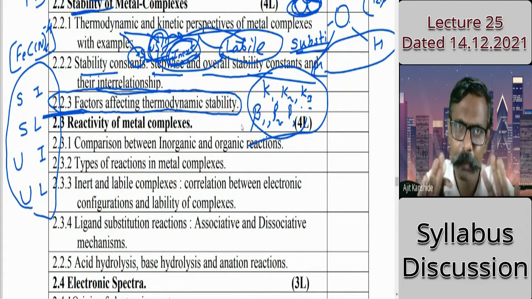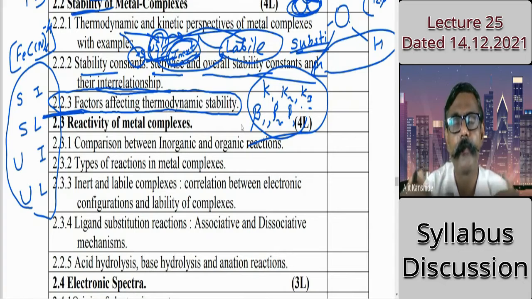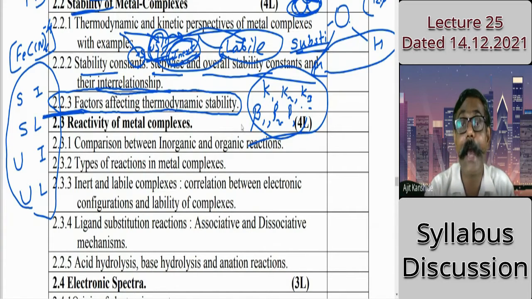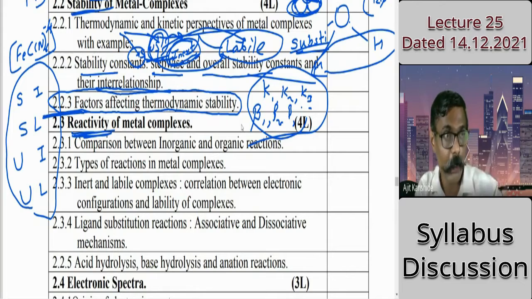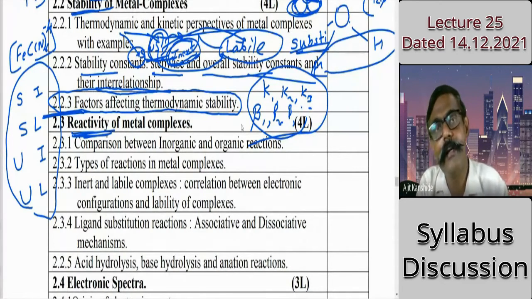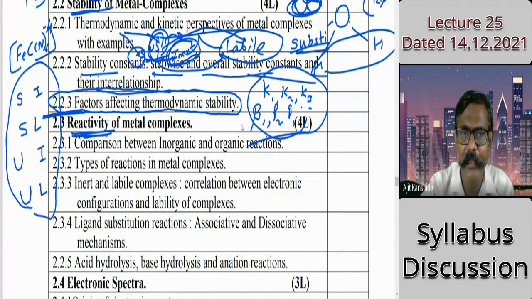At the beginning, thermodynamic consideration means what? Kinetic consideration means what? Those perspectives we are studying, and later on we focus on thermodynamic consideration. The third part is kinetic consideration, and it is labeled as reactivity. During a reaction, how fast exchanges occur, accordingly we will understand lability and inertness, and for that the different reactions are there that you are going to study.